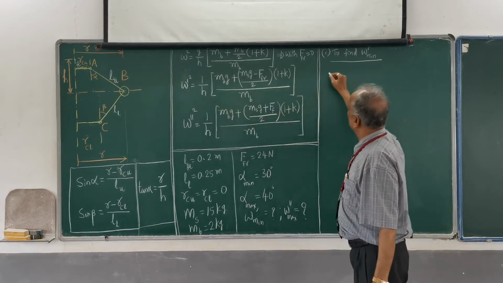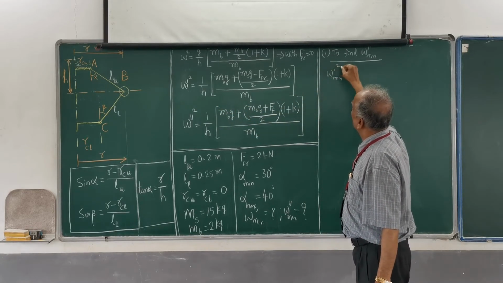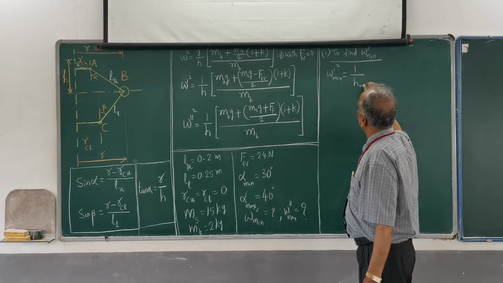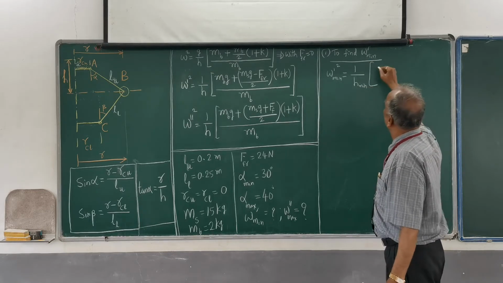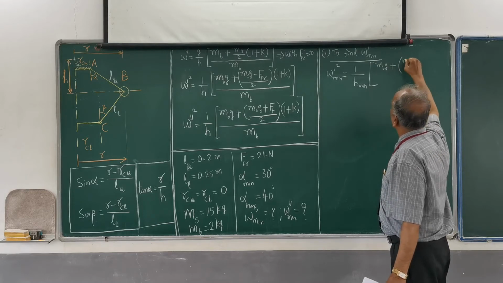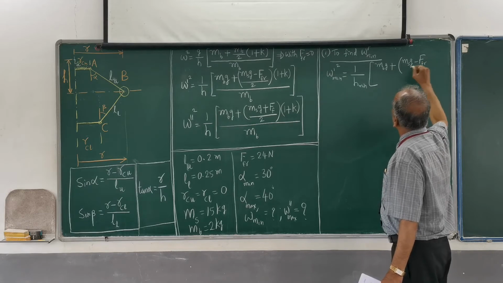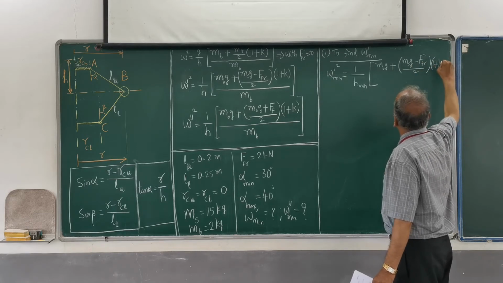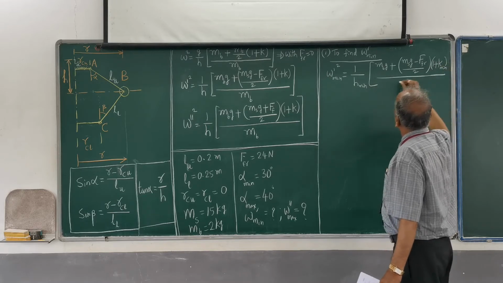I shall write down the expression: omega minimum dash square is equal to 1 upon h minimum multiplied by mb into g plus ms into g minus fr, divided by 2, into 1 plus k minimum, divided by mb.